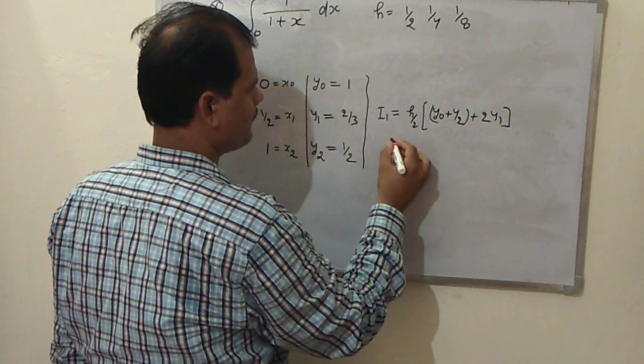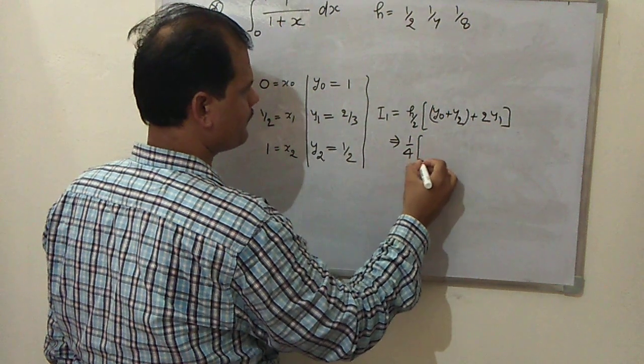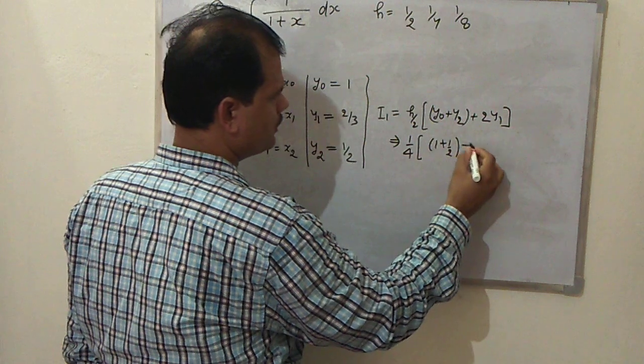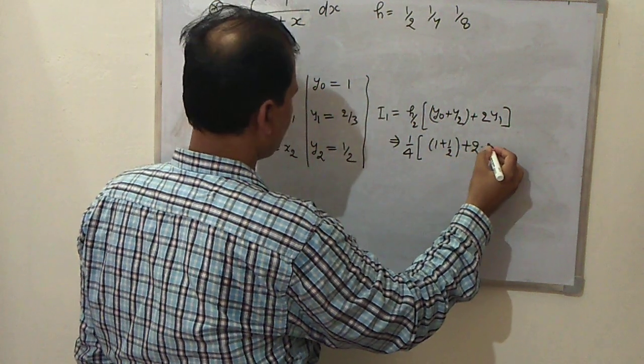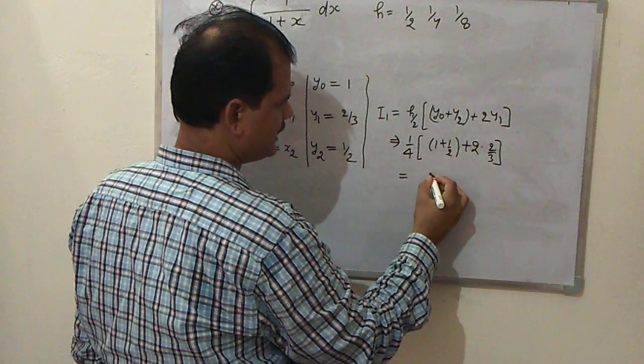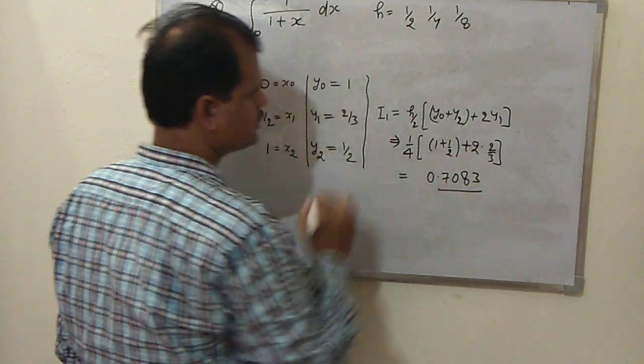So h equal to 1 by 2, so this is 1 by 4, and 1 plus 1 by 2 plus 2 into y1, which is 2 by 3. If we simplify, we get 0.7083.